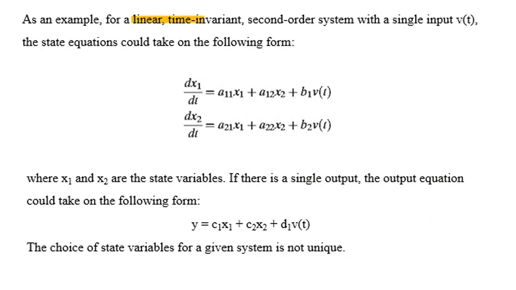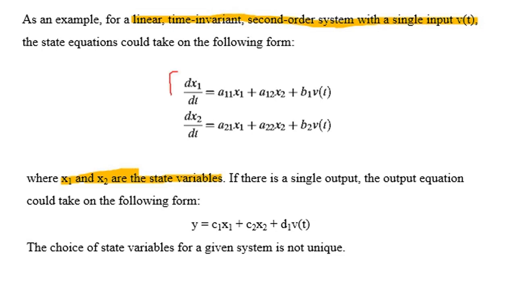Dear students, as an example, a linear time invariant second order system is represented in a state space model where x1 and x2 are its state variables, with a single input v of t.